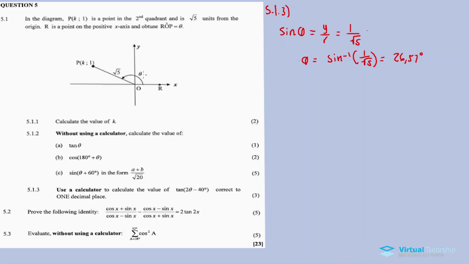So this theta, it's in fact this angle. The theta is what we are talking about here, right? I should have used a different symbol instead of theta, but the theta we want is this one, this theta.